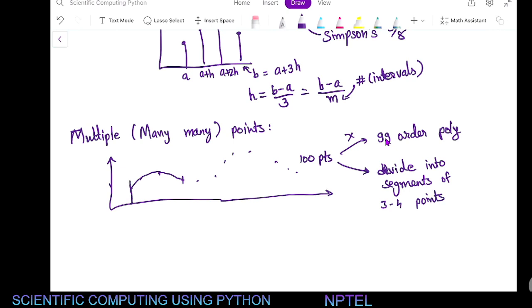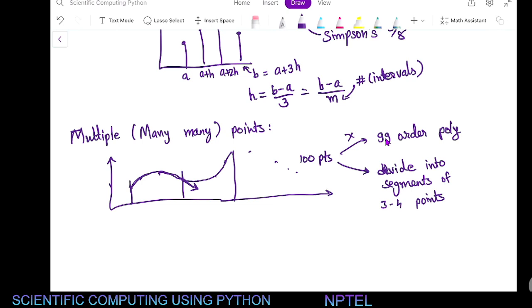Let's say we are choosing these 4 points, and then we calculated a Lagrange polynomial. Then again we chose another set of 4 points and calculated another Lagrange polynomial, and we made sure that it is smooth so the slopes are the same, and this recipe is called splines, right? And there are multiple ways of doing splines, so you have different splines, cubic splines and whatnot.